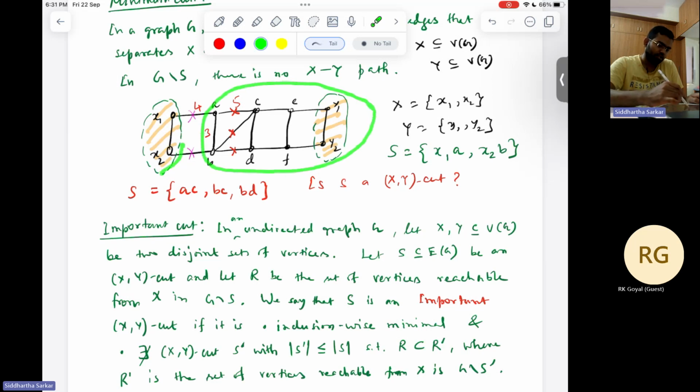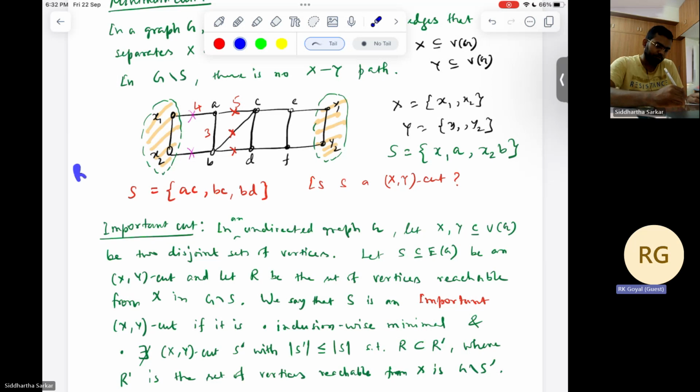This is another connected component. We are defining R to be the set of vertices that are reachable from X1 and X2, that is X. In this case, that is only X1 and X2. So R is only X1 and X2.